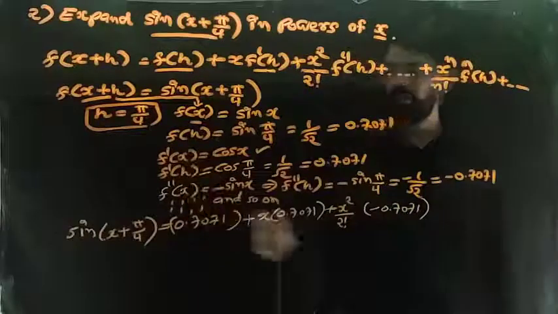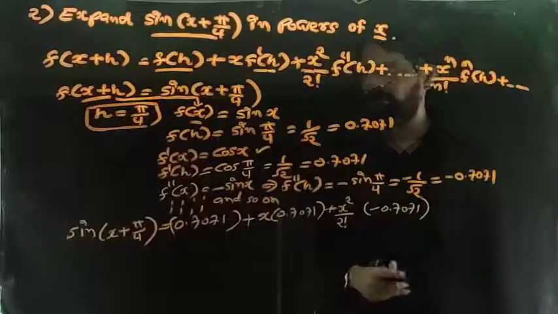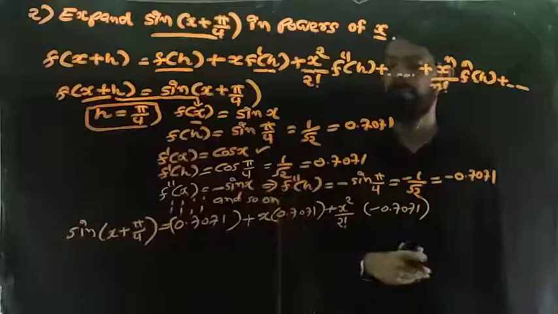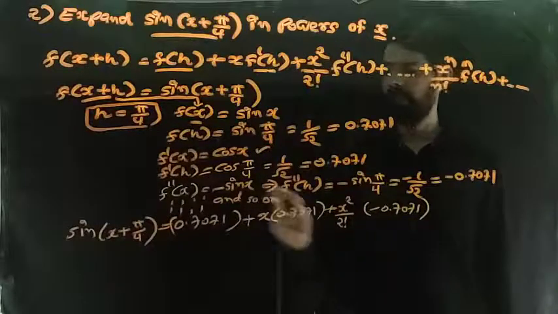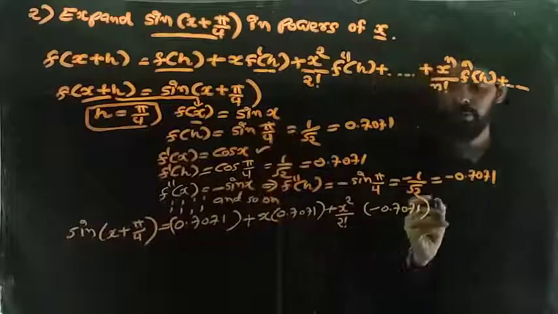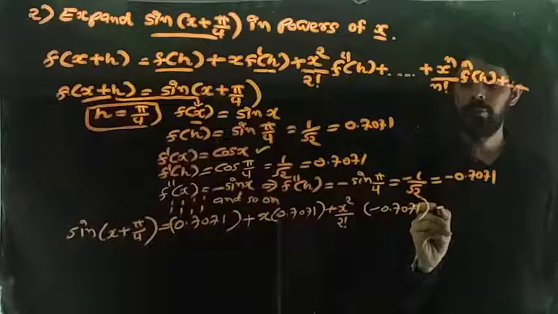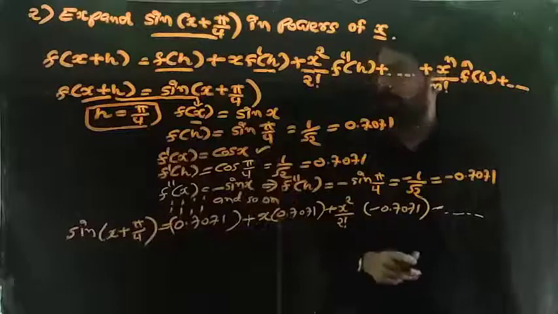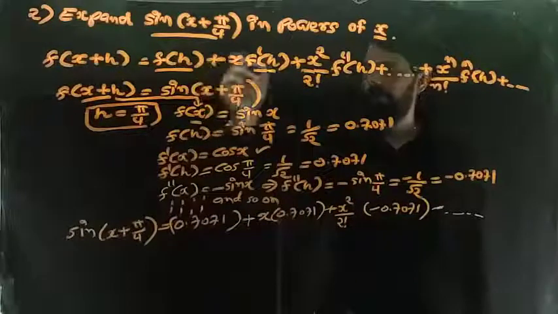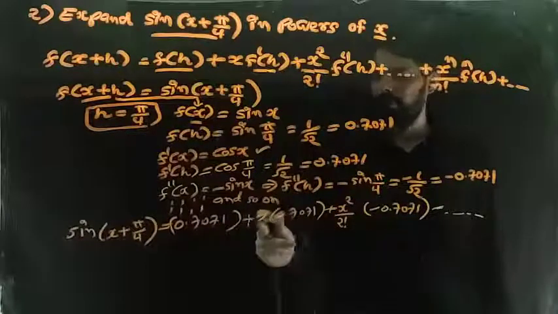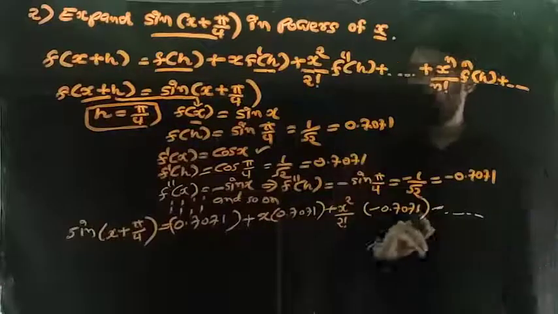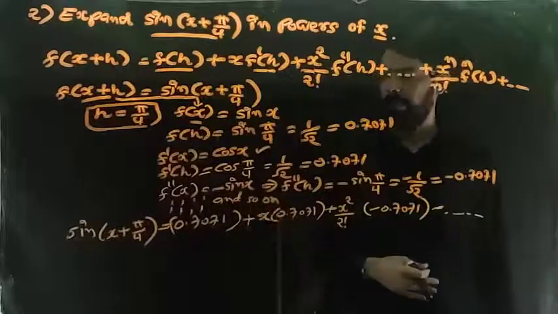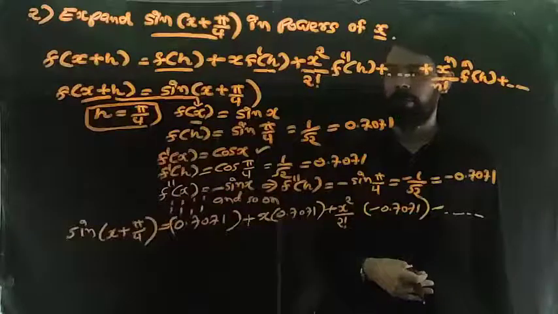If we take the derivative again for f triple dash x, the derivative of minus sin x will be minus cos x. So it will be minus, and so on. So this is the expansion of the function sin(x + pi by 4) in powers of x. This way we can expand a function in powers of x.